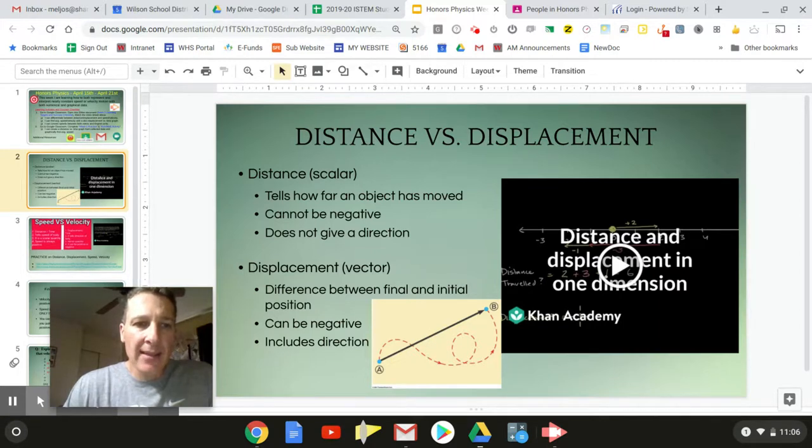And mathematically, it is the difference between an object's final and initial position, right? So in this picture here, the displacement would be the distance along this black line, also including the direction. Distance covered, though, would be the path along the dotted red pathway. Okay?